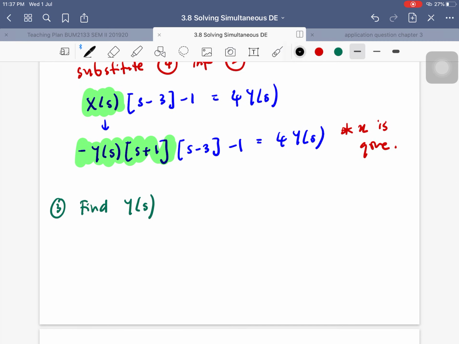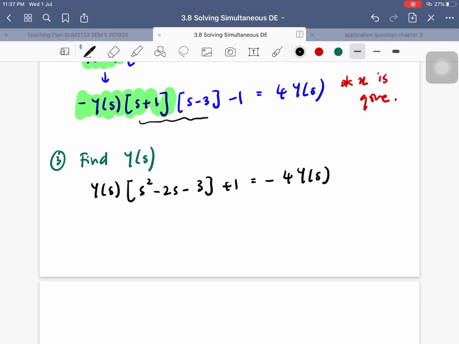First of all, I'm going to have to rearrange this a little bit. Let me change the positive and negative of this function. If I multiply both of these and expand the bracket, I'll end up with Y(s) times s squared minus 2s minus 3, plus 1, and that is going to equal negative 4 capital Y(s).